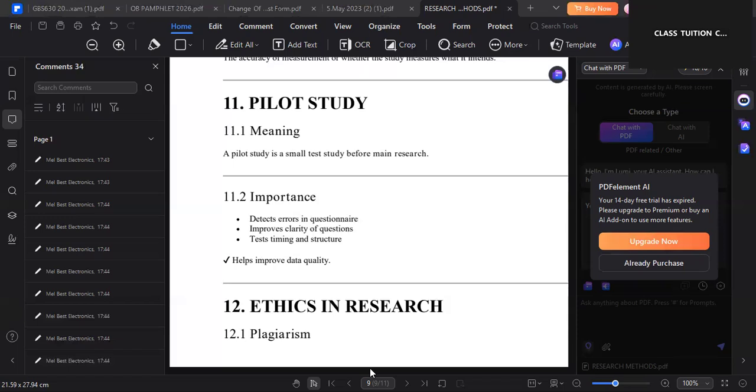So a pilot test is simply a small scale study that is conducted before the actual research actually takes place. That's what we call a pilot test.